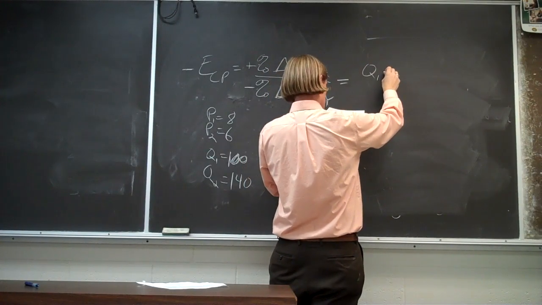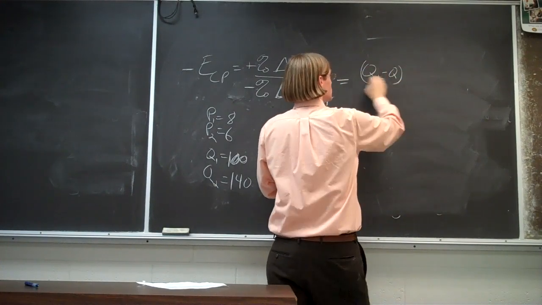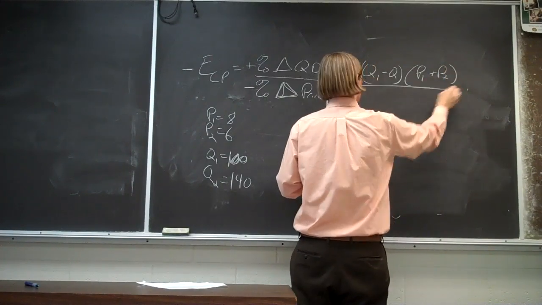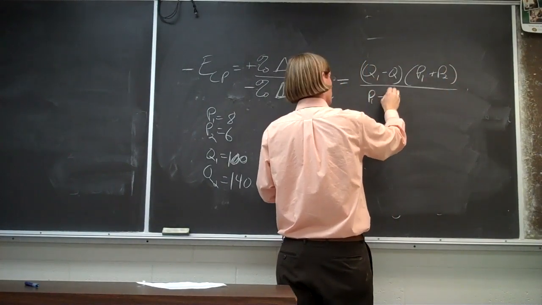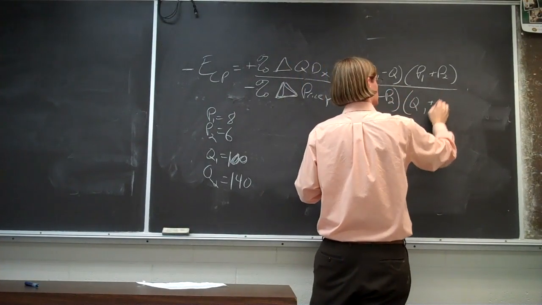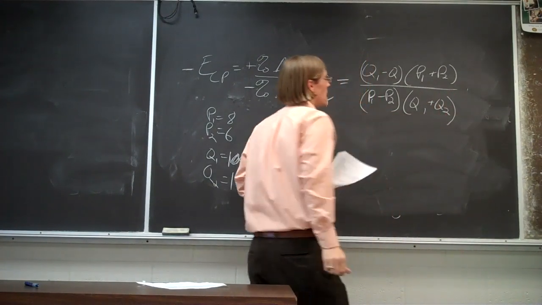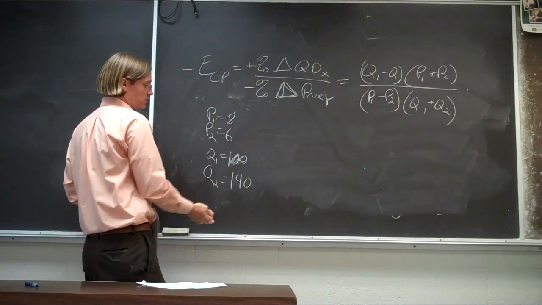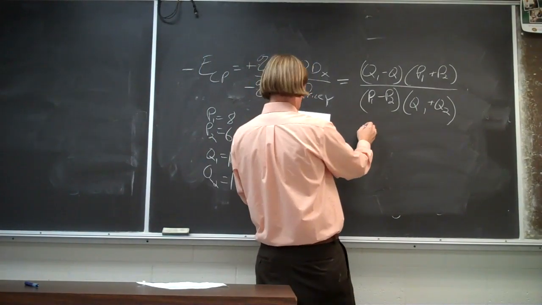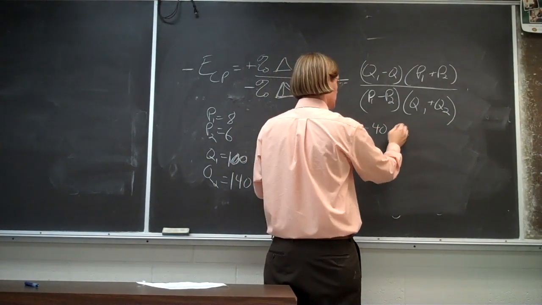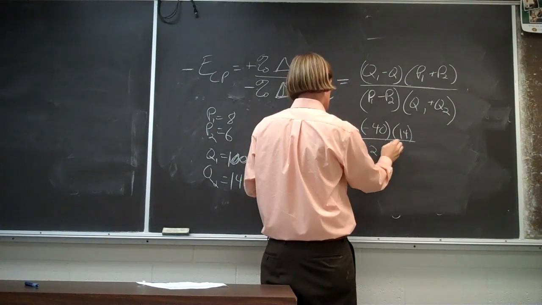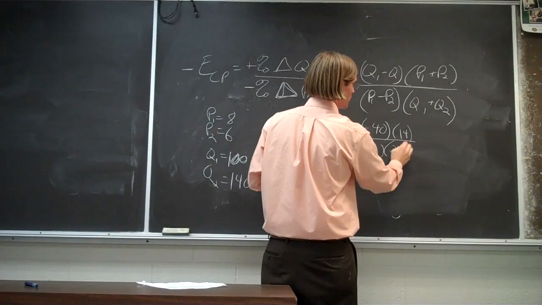If you do Q1 minus Q2 times P1 plus P2, divided by P1 minus P2 times Q1 plus Q2, and then you take the four values, P1, P2, Q1, Q2, and plug them into that formula, you should get negative 40 times 14 divided by 2 times 240.